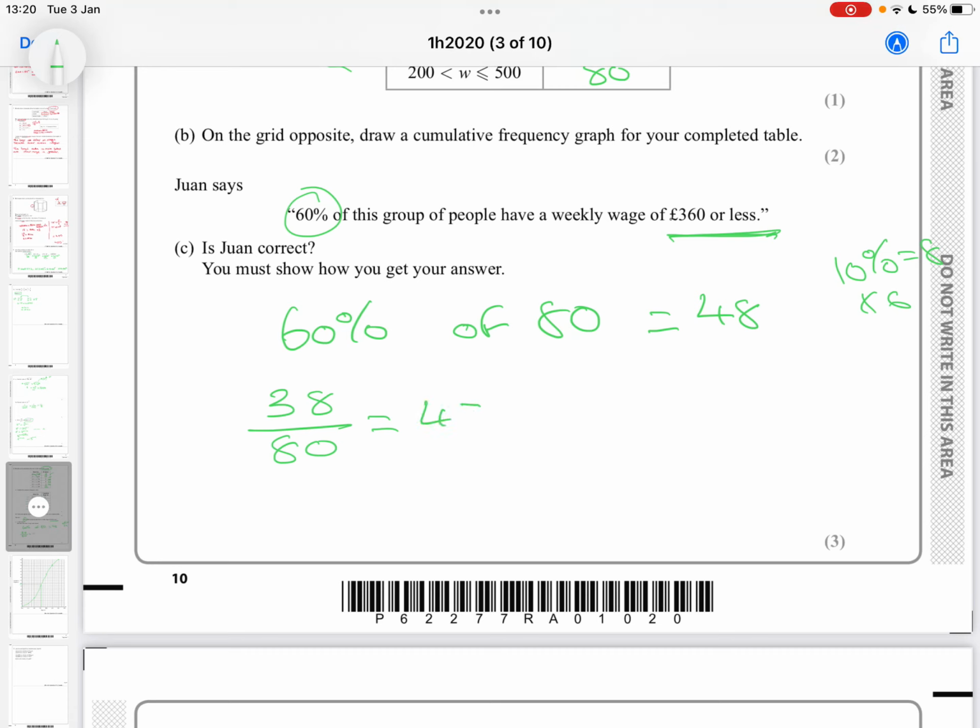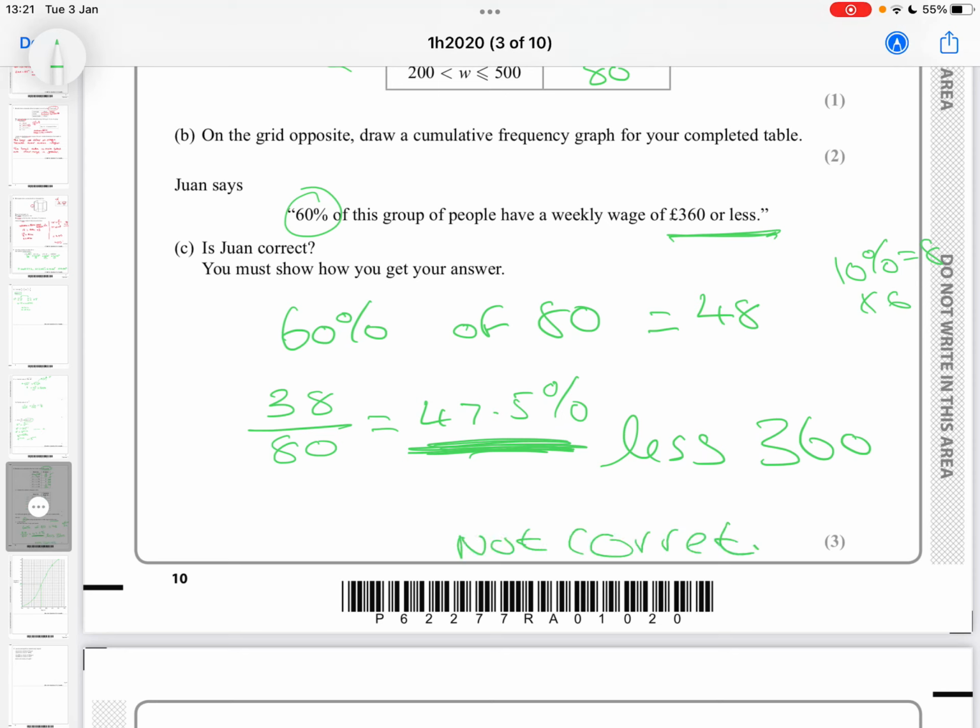It is 47.5%. So you can see how 47.5% of people have a wage less than £360. So in this example, he's not correct because he said it is 60%.